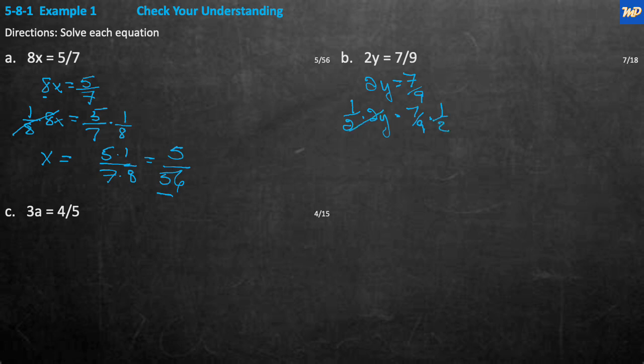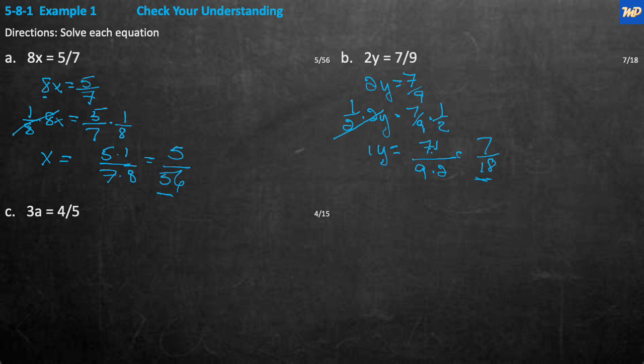These 2's cancel, and we're left with a y on this side, or a 1y. See the 1? Right here's the 1y, but we don't need to write the 1. y equals 7 times 1 over 9 times 2, which is equal to 7/18.